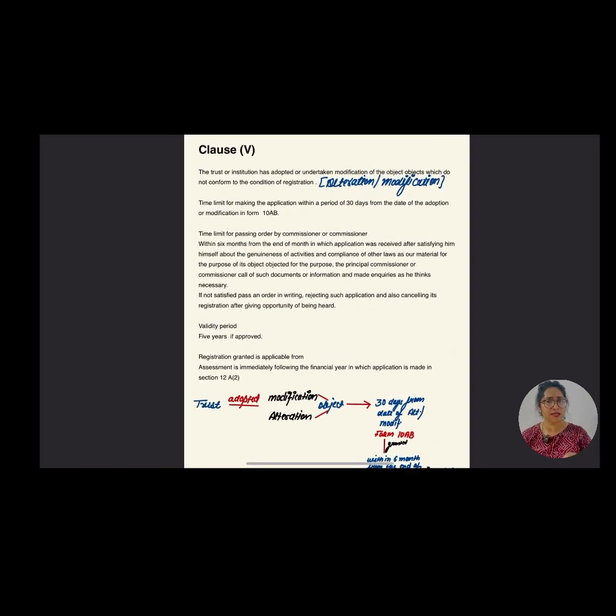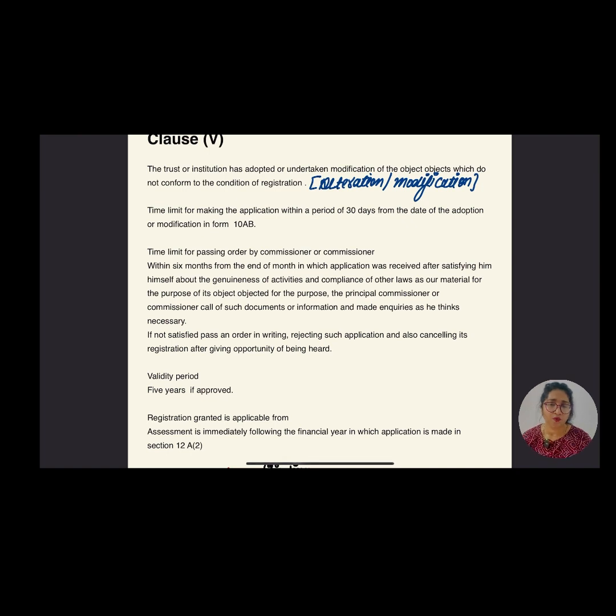But there is one more case, which says what if any alteration or modification of the objective of the trust happens. So what are the circumstances? First of all, are they able to do the alteration or modification, and if they definitely can, then what is going to be the time limit? So let's go for it now.